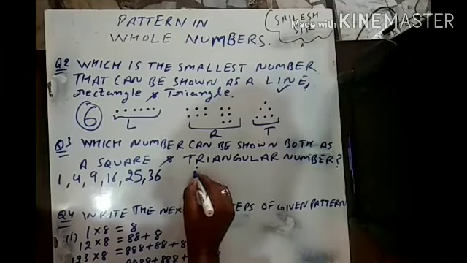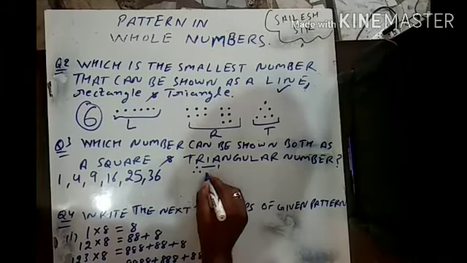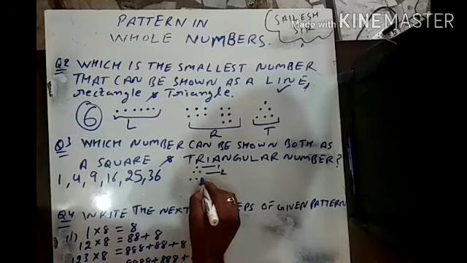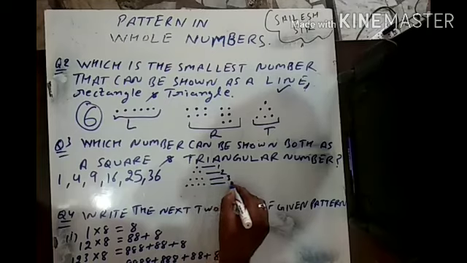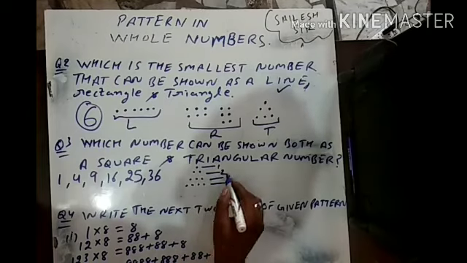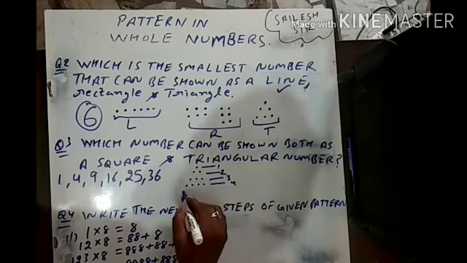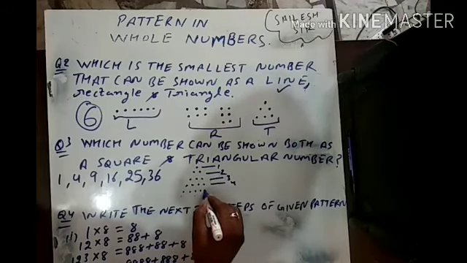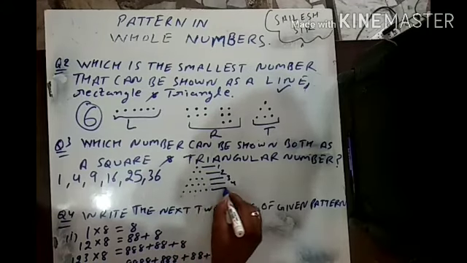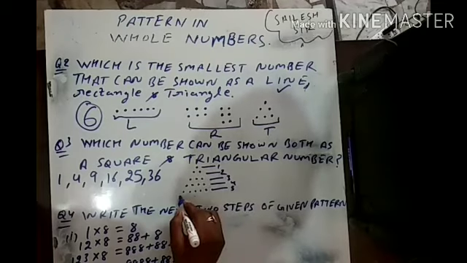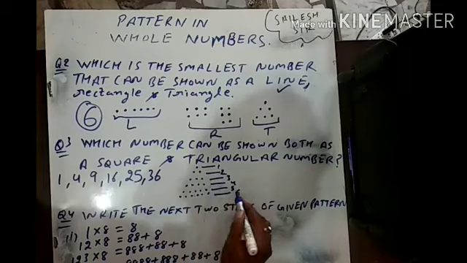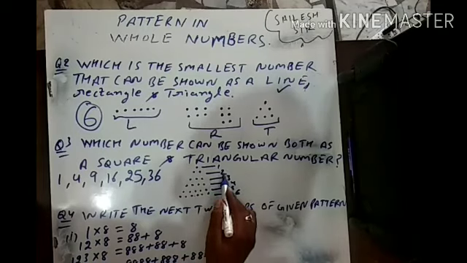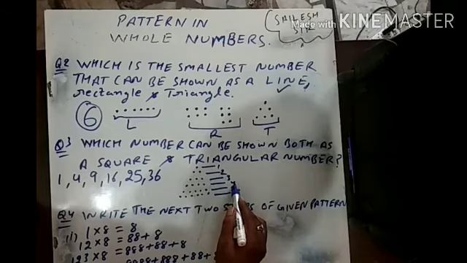One, and 1, 2, 3, 4. It means 1 plus 2. Now 5. 1 plus 2, 3, 3 plus 3, 6, 6 plus 4, 10, 10 plus 5, 15, 15 plus 6, 21.